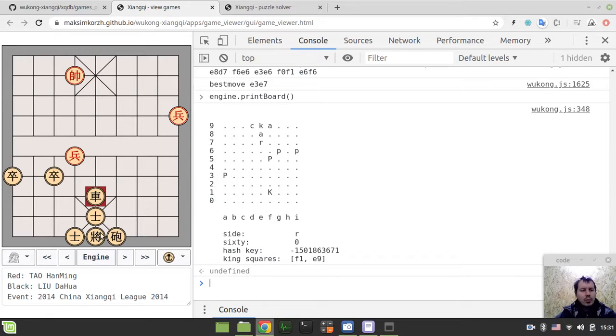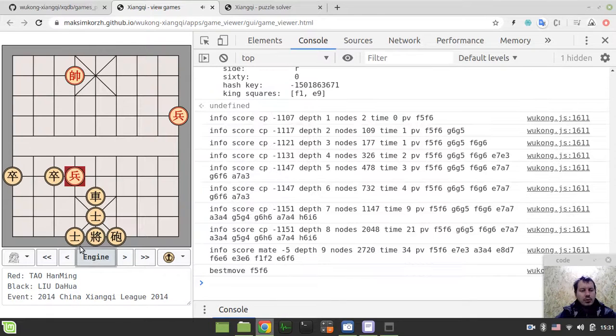Okay, so we're playing black, and let's just let red make a move. And now, yeah, mate in 5. So let's try to think how we can mate in 5 plies, to be exact. So it's kind of 2 moves and a half. Yeah, that's probably the more correct way to call this.